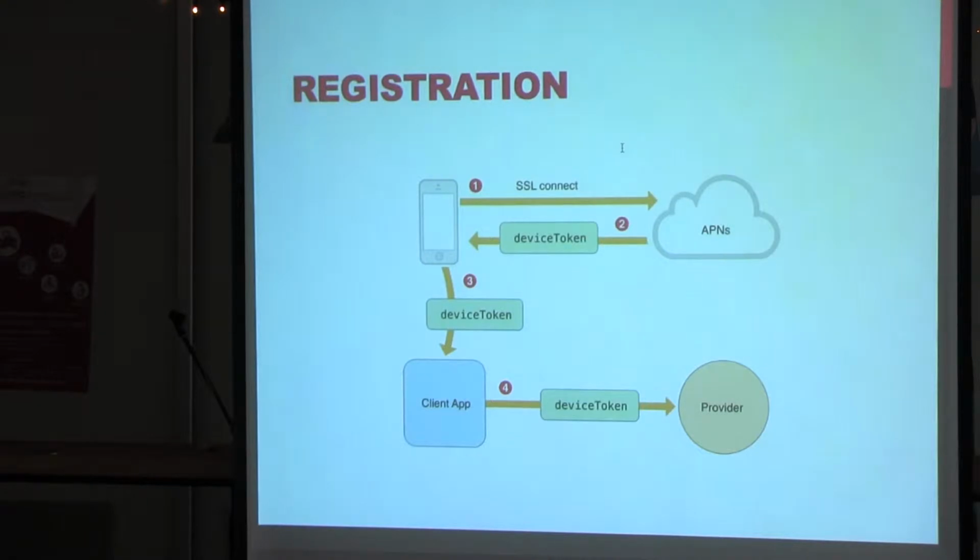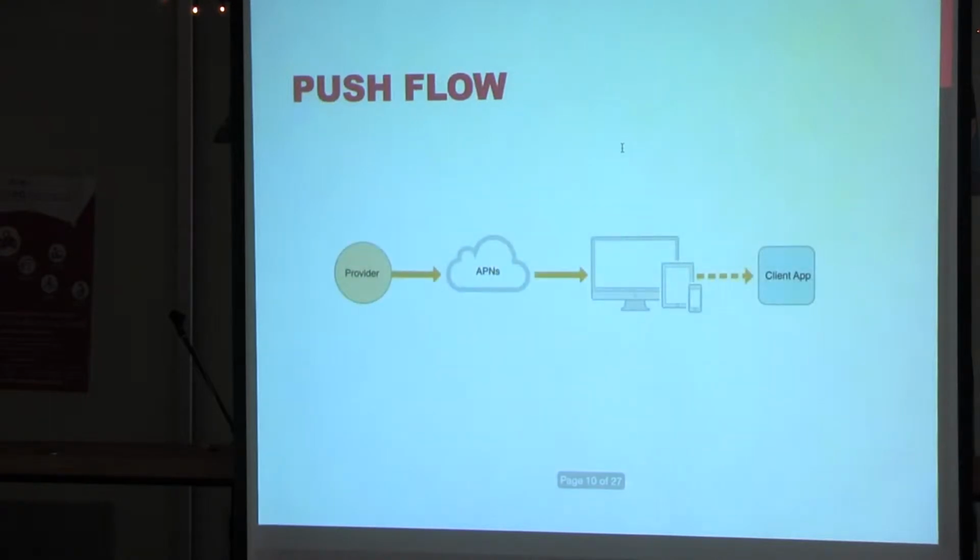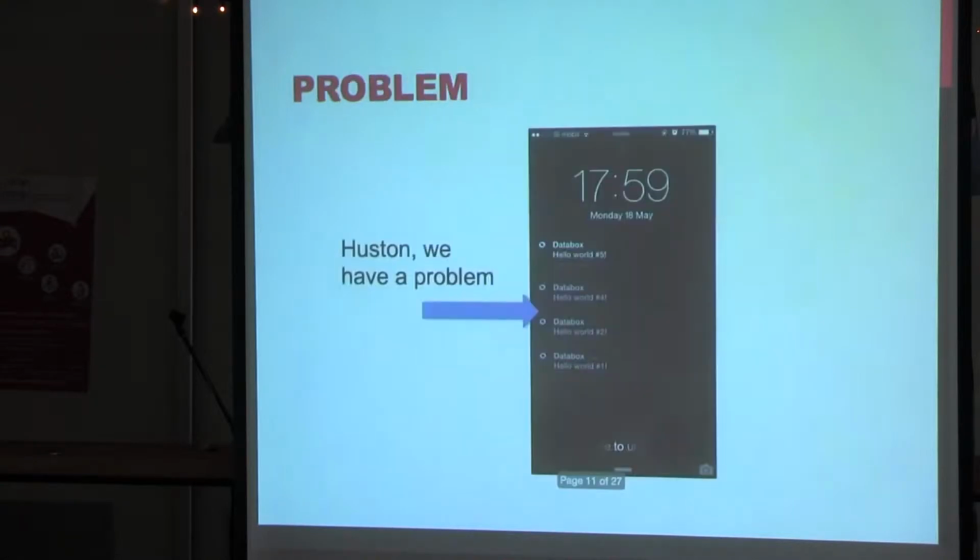If the user confirms push notifications, the client application will receive a device token, which it will then send to a backend server. The push notification flow is pretty simple: the provider sends the device token along with some other data to the Apple notification service, which then dispatches the notification to our device.